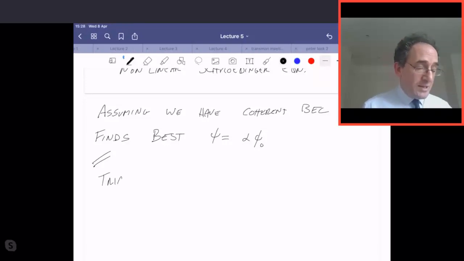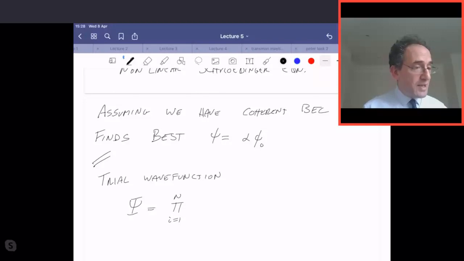So let's write a trial wave function for a fixed number of particles, and we'll write it this way. Psi, this is a many-body wave function, is the product over i equals 1 to N, all N particles, of phi of R_i.